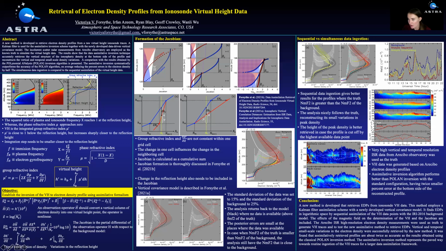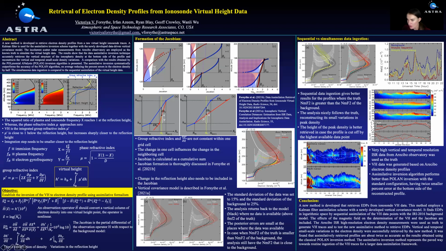So the root mean square errors are comparable between the analysis using sequential and simultaneous data ingestion. The blue line shows the root mean square errors for the background, simultaneous is shown with yellow and sequential with red. And you see that systematically the red line is below the yellow line, meaning that the errors are reduced for the sequential assimilation scheme.